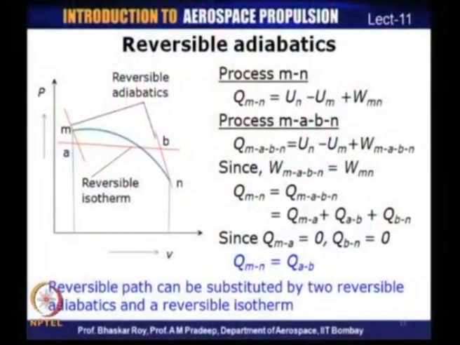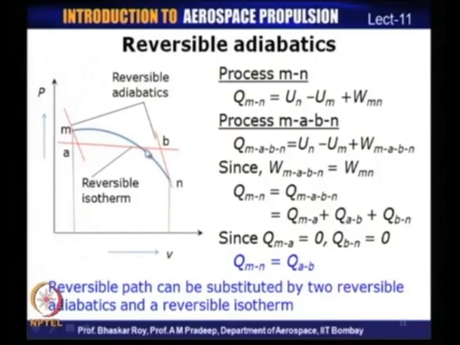So, if you look at this particular process, the reversible isotherm is shown by the red line between A and B, and we have reversible adiabatics which are shown by these parallel lines MA and MB, and this blue line here is the reversible path.